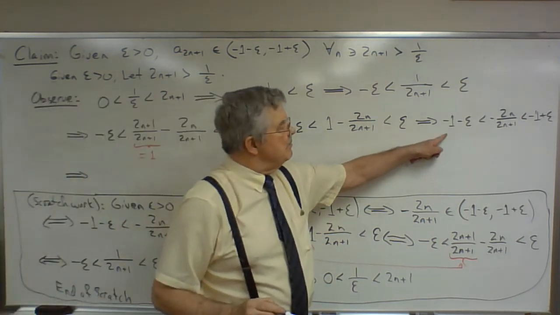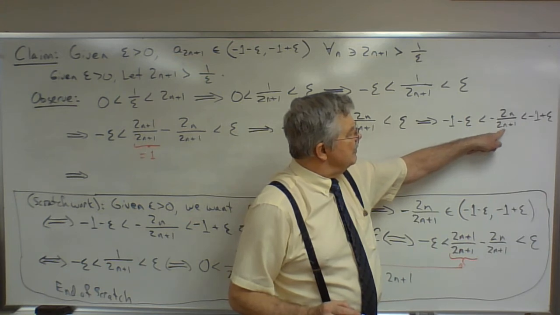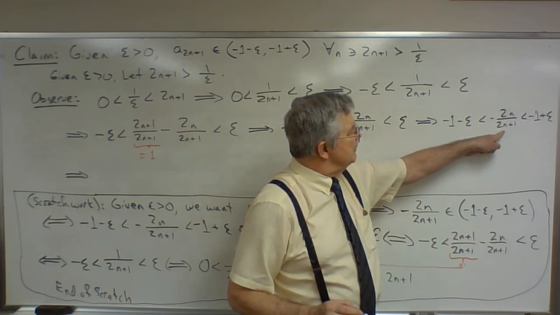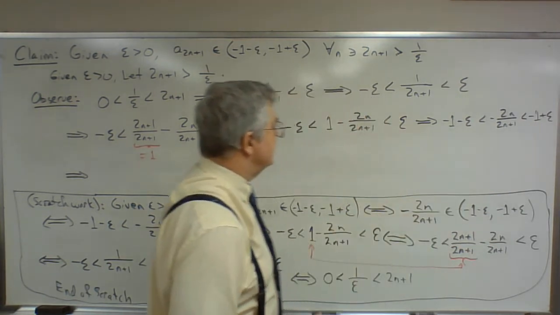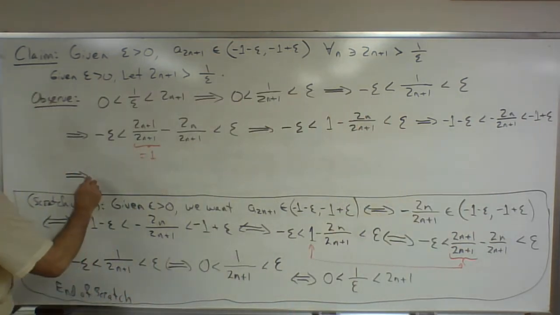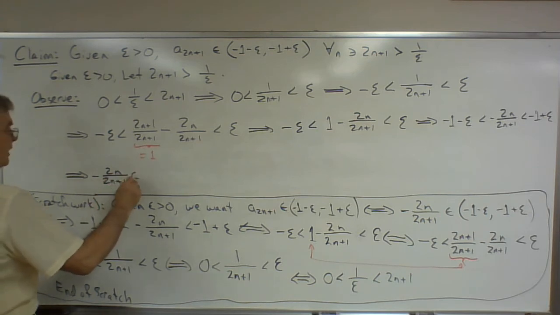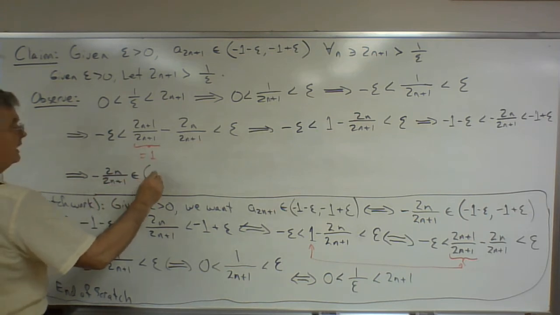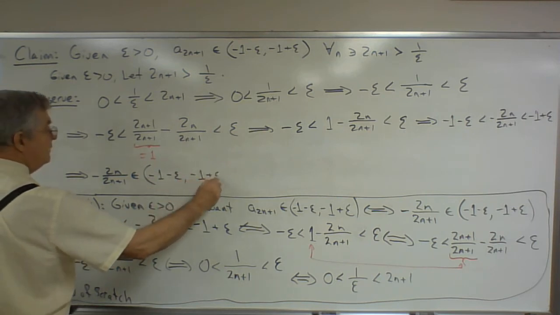So this statement means that this thing, negative 2n over 2n plus 1, is contained in the interval with this endpoint and this endpoint. So negative 2n over 2n plus 1 is in the interval negative 1 minus epsilon, negative 1 plus epsilon.